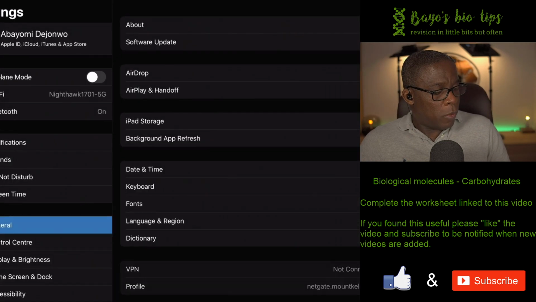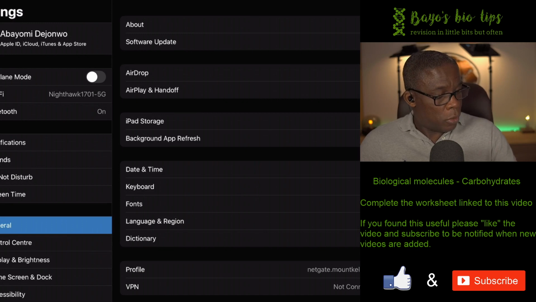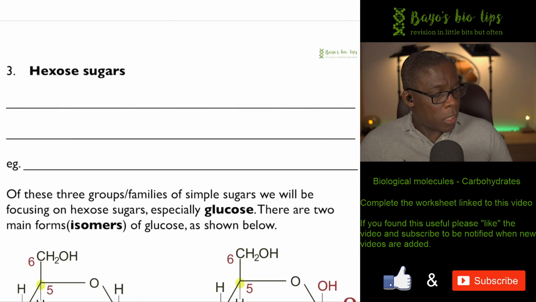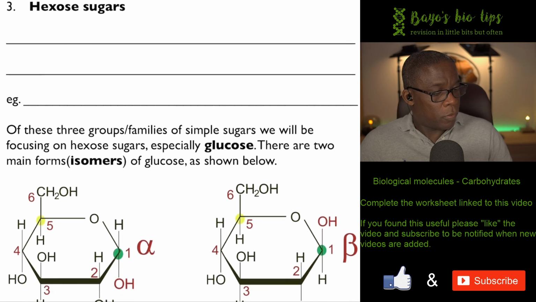And then finally, we're going to look at hexose sugars. So these are 6 carbon sugars. And they have lots of different functions.